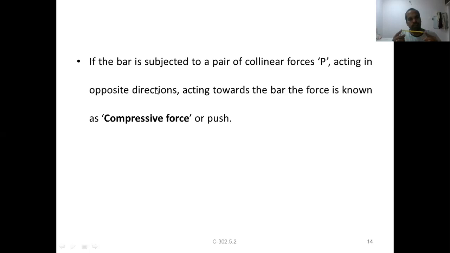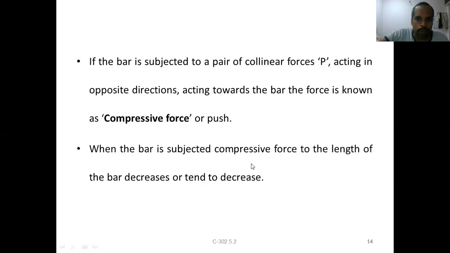So this bar is there, let us say, and I am acting on both sides. It is pushing the bar, trying to push the bar. That is called the compressive force. It tries to compress the member. Compress means decrease. When the bar is subjected to compressive force along the length of the bar, the length of the bar decreases or tends to decrease.